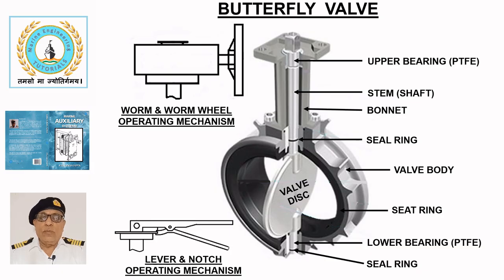The full bore straight through flow arrangement of this type of valve provides excellent flow characteristics and a low pressure drop, especially when designed with a carefully streamlined disc profile.